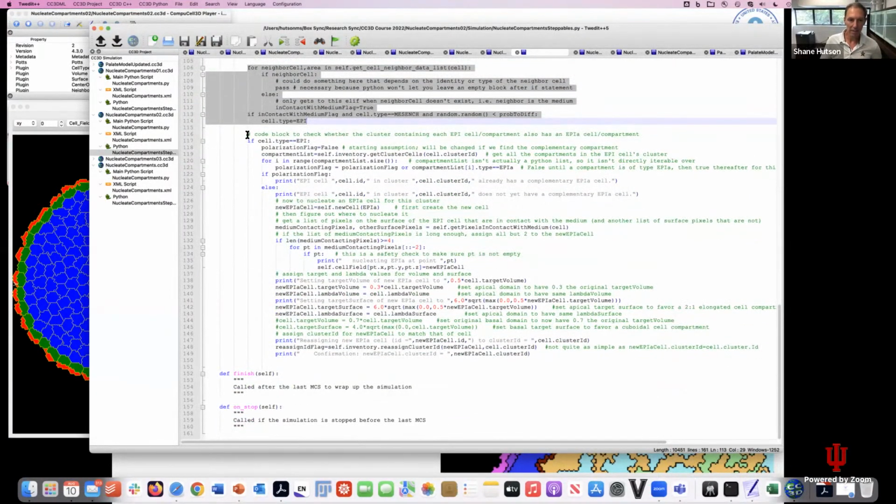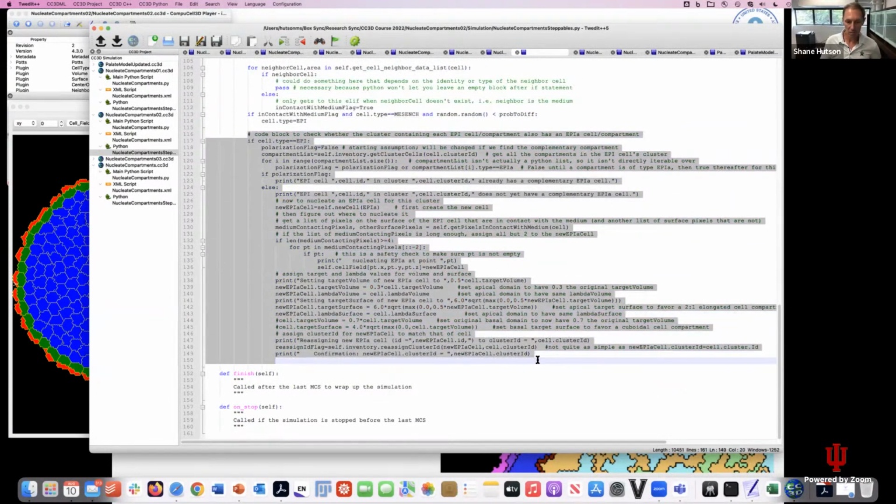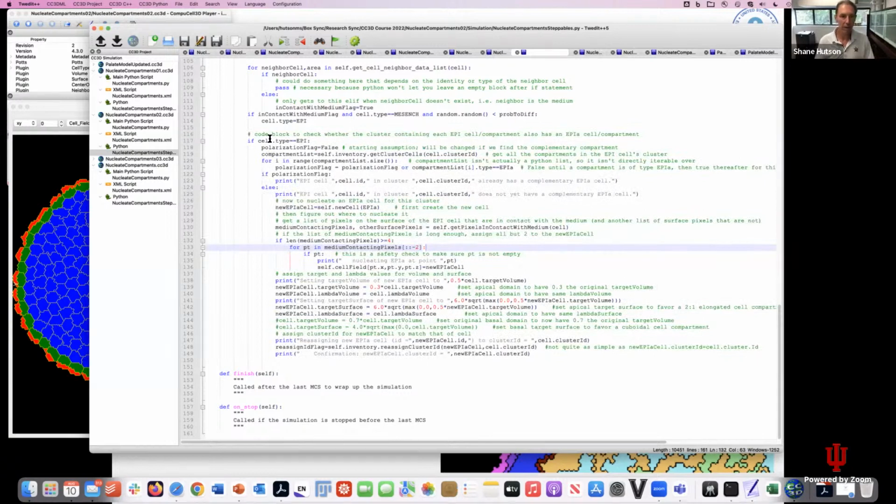The second half, this is the code block now that will do the compartmentalization and check for matching compartments. All right, so if a cell type's epi, we'll start there. We're not going to bother with this if the cell's a mesenchymal cell. We're going to first set this polarization flag false, and we'll change it to true if we figure out the cell has been polarized already.